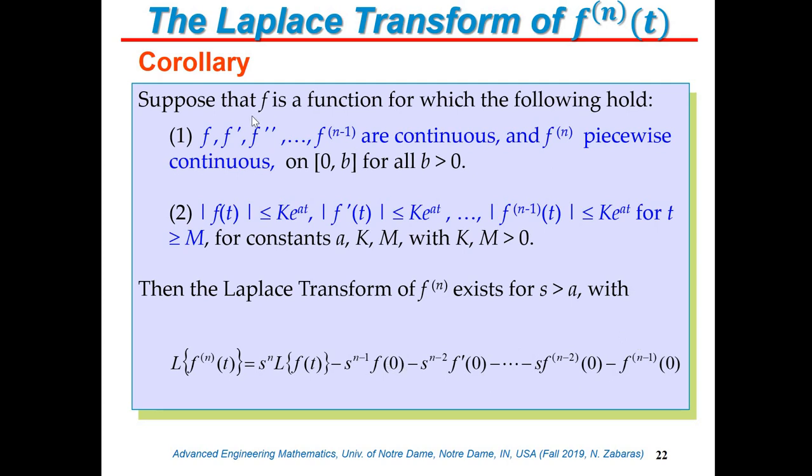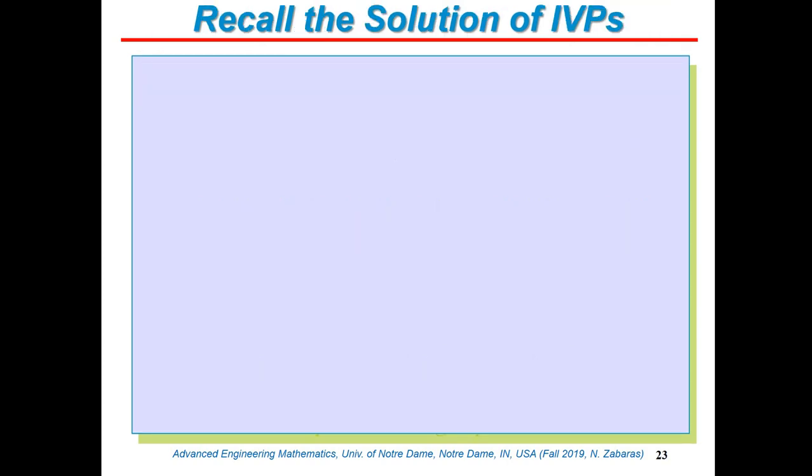The only requirements you need to enforce here are that all the derivatives up to order n minus 1 need to be continuous, and the nth derivative needs to be piecewise continuous for the Laplace transform to exist. And then the absolute values of f and all the derivatives up to n minus 1 need to be bounded by the same exponential e to the at as we have seen in the earlier slides.